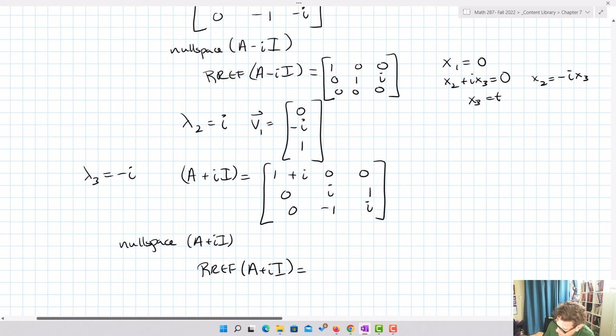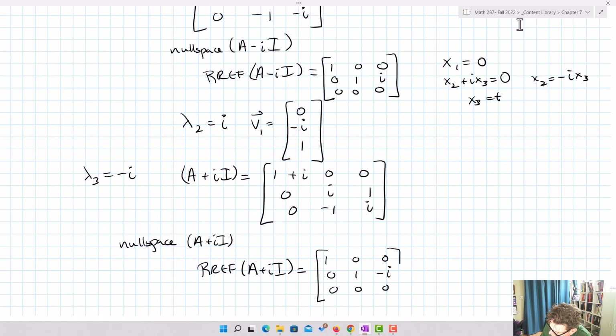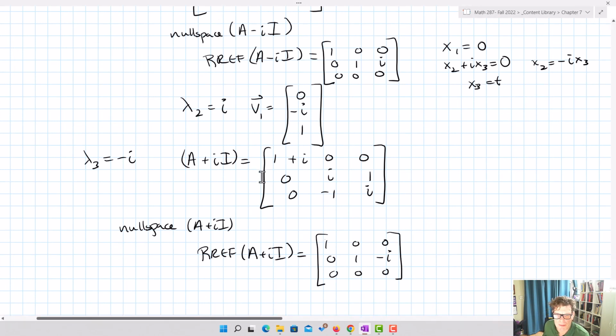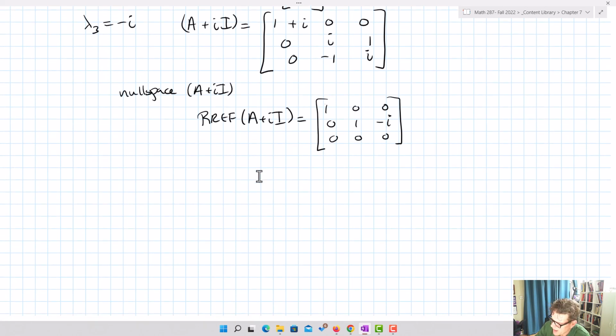So I'm going to have to find the RREF of A plus I. Plug that into my computer, and what do I get? I get 1, 0, 0, 0, 1, negative i, 0, 0, 0. Now all I've got to do is find my null space. That is the row reduction. I get x1 equals 0, x2 minus i x3 equals 0, and x3 equals a free variable t.